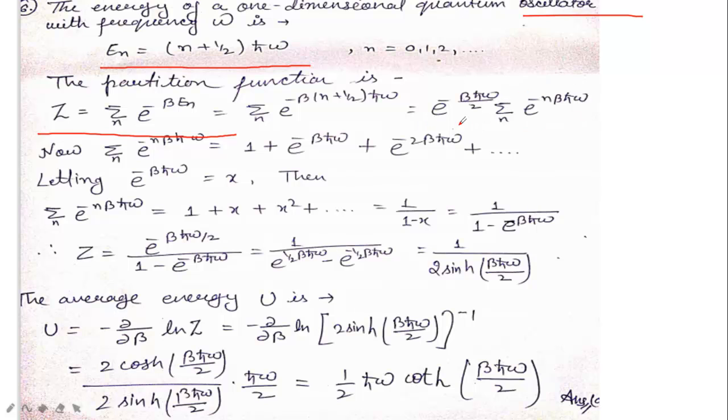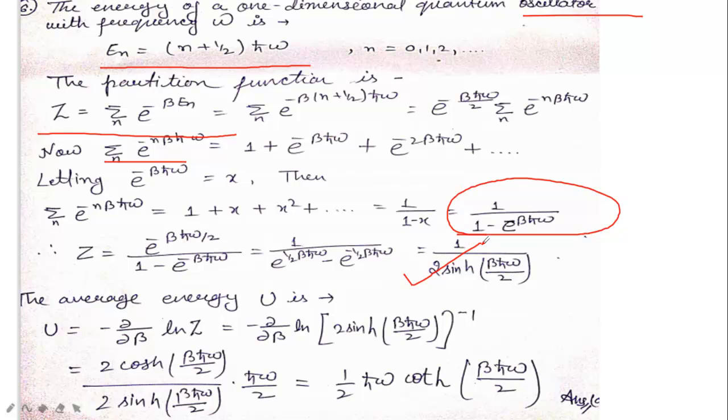Now exponential minus beta h cut omega by 2 is a finite quantity. We will put it aside and we will expand the second term. With some mathematics you get this term. Just put both the terms together, so we are getting the partition function for the one-dimensional quantum oscillator.